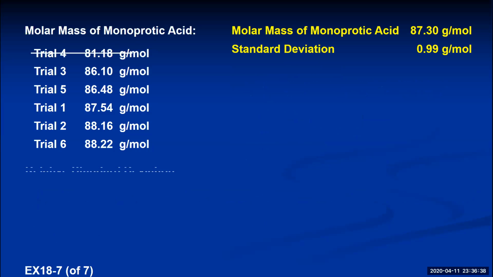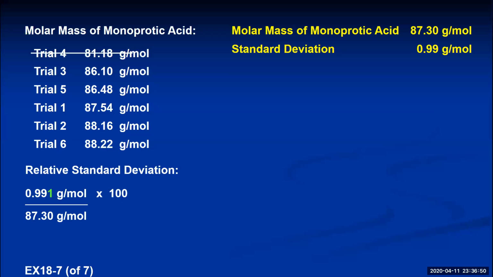The last thing we're going to calculate is something called the relative standard deviation. And it's just presenting the standard deviation in a percentage of the average molar mass. So how do you get the percentage of the average molar mass? Well, you take the standard deviation, divide it by the mean value, and multiply it by 100. This comes out 1.135. Actually, that 5 was a 4.7 and got rounded up to a 5. So this technically rounds to 1.13%.